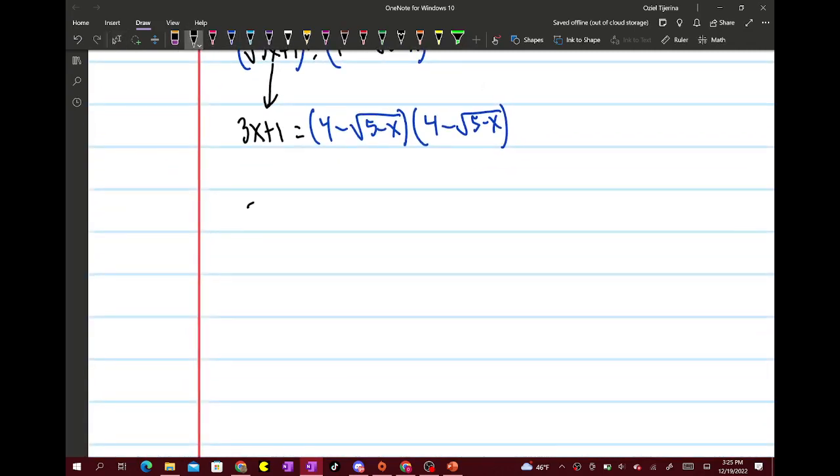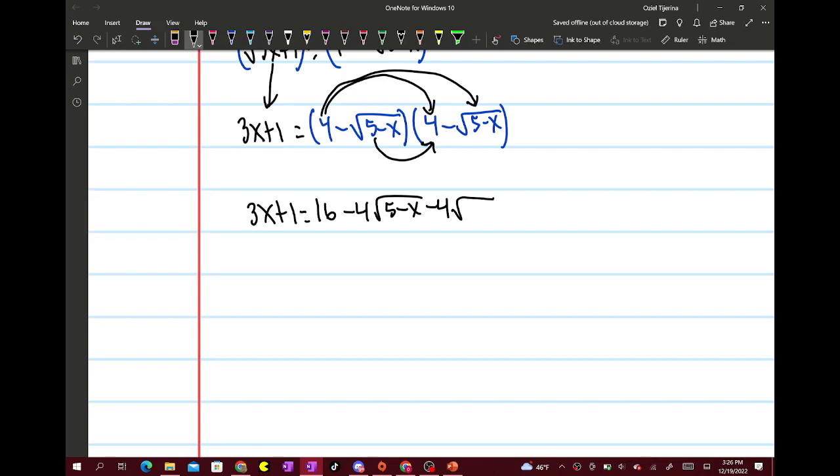So this would be 3x plus 1 equals, and you're going to do 16 minus 4 square root of 5 minus x, minus 4 square root of 5 minus x, and then plus the quantity 5 minus x, right?